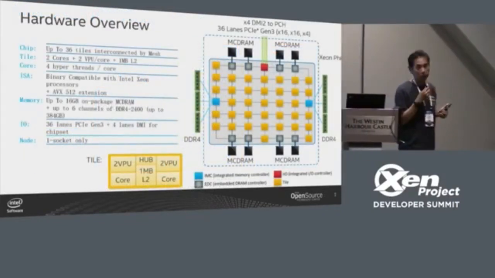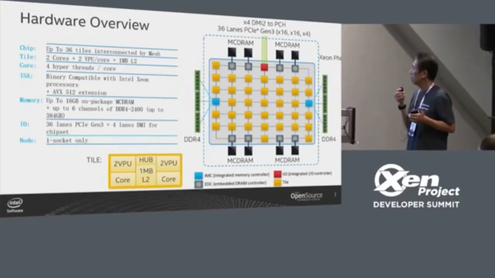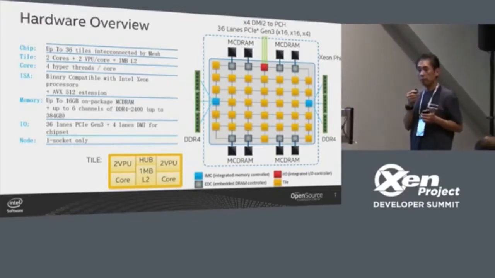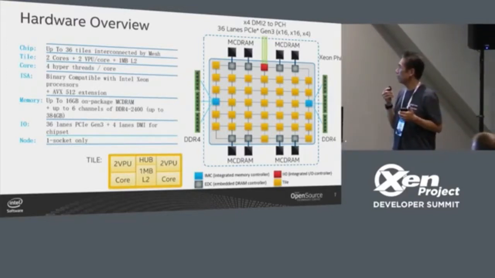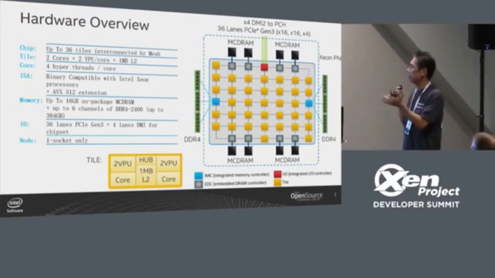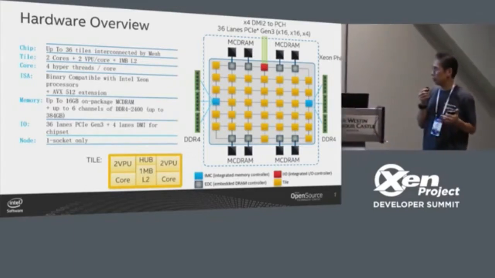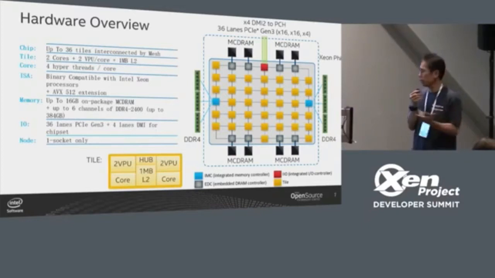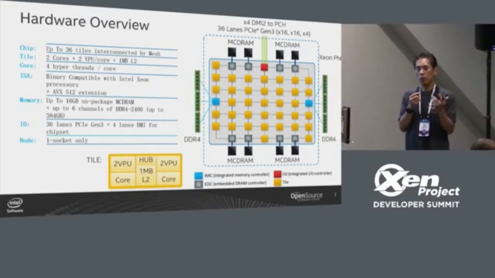Now I have more details on Xeon Phi Knights Landing. It's kind of amazing. For example, we have 36 tiles, and on each tile we have 2 cores. On each core we can have 4 threads.